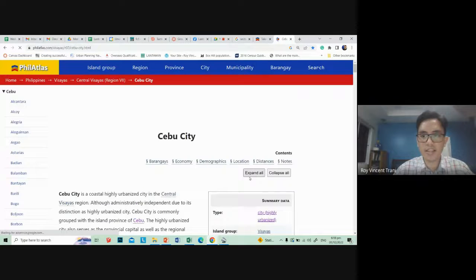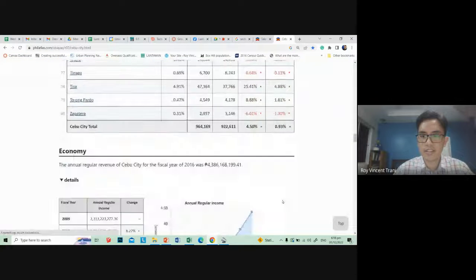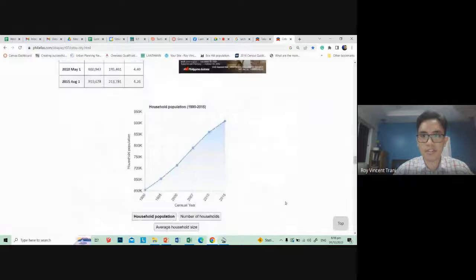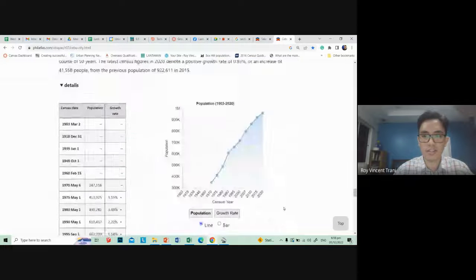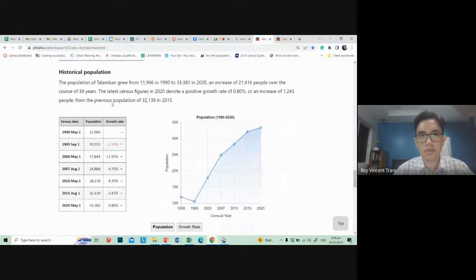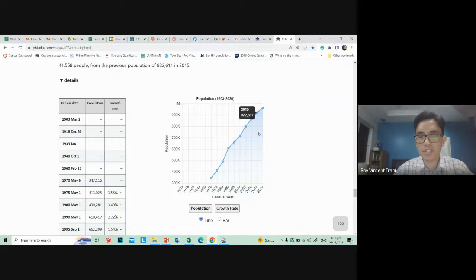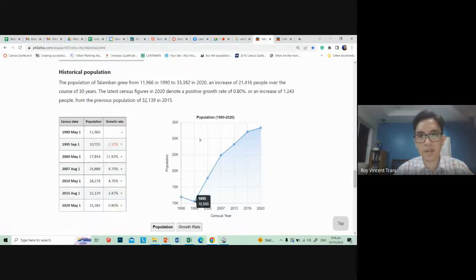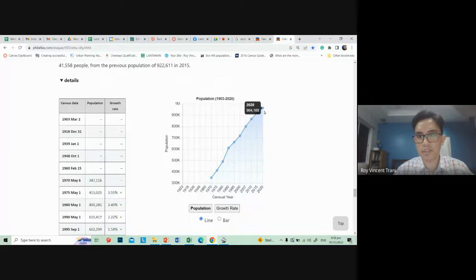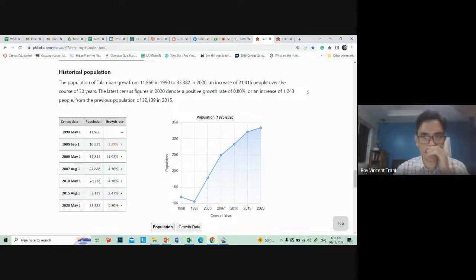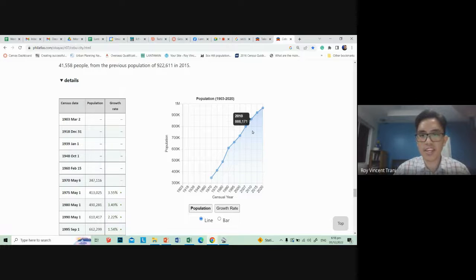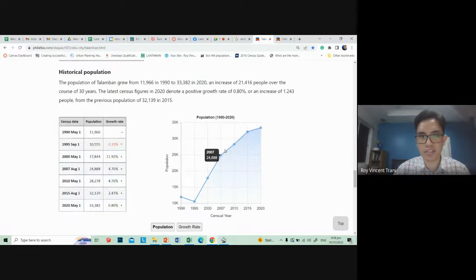Talamban, the barangay, and Cebu City both show that population is increasing. So we can say that people in Cebu City are moving into Talamban, because there's positive growth in the city and also in the barangay.